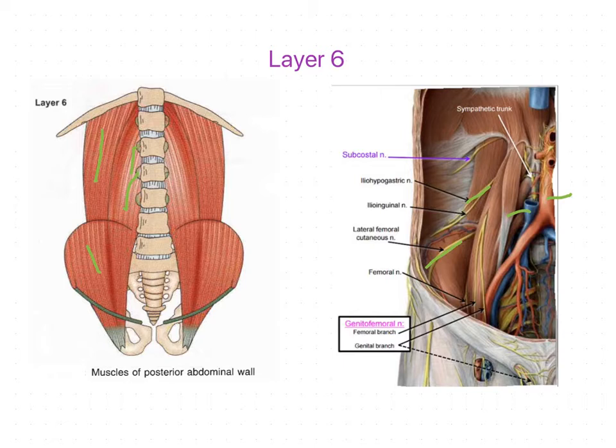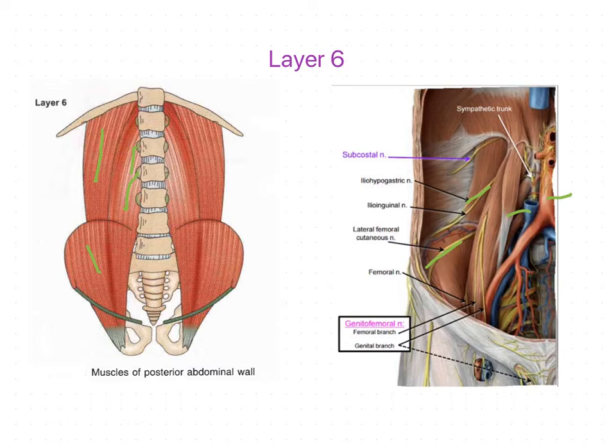This abdominal wall includes the anterolateral abdominal wall and the posterior abdominal wall. The first layer is the anterior abdominal wall and the last layer is the posterior abdominal wall. In between these two, the visceral organs are arranged.